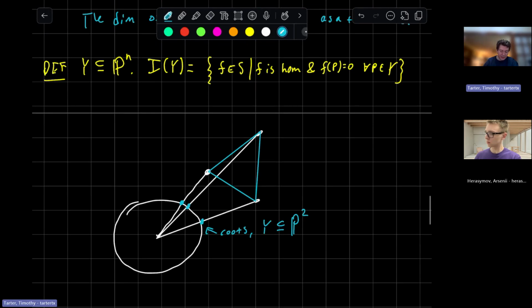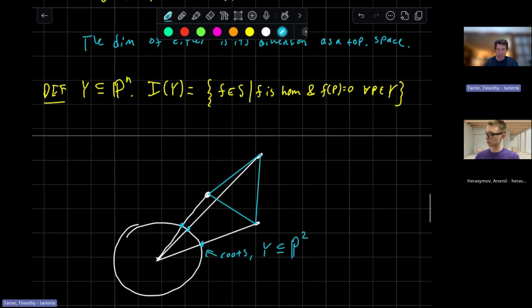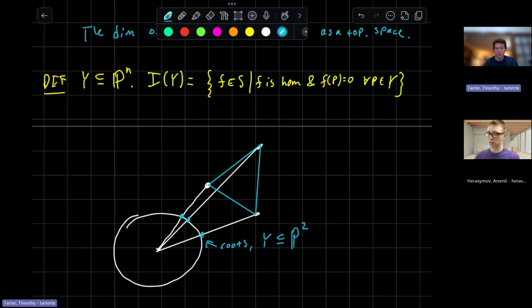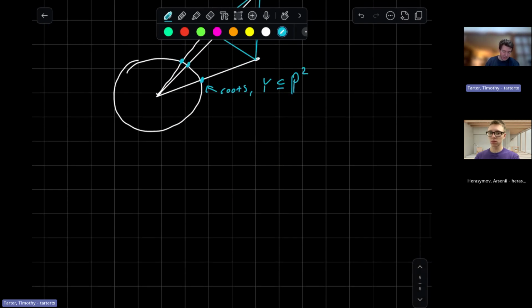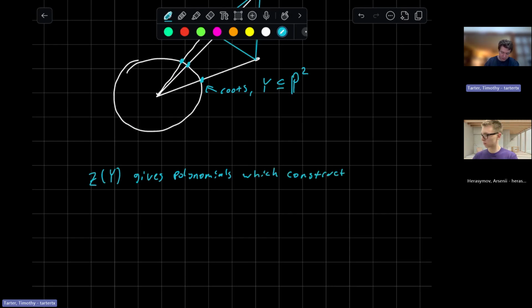Then the functions which vanish on this are the geometric constructions for the triangle in our normal R2, right? So then Z of Y gives polynomials which construct the triangle in R2.